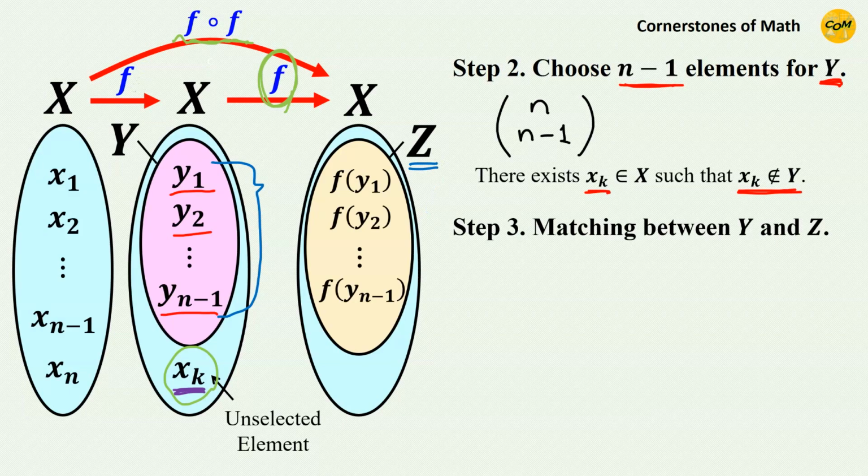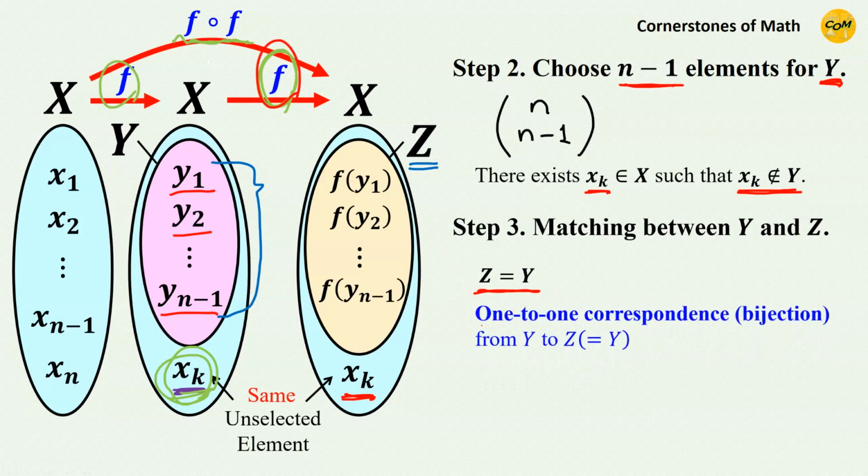Moreover, since we are talking about the same function f that excludes this xk from its value, that very same xk is also excluded from z. This means that set z is the same as set y. Therefore, the second part of the function composition is simply the one-to-one correspondence, or bijection, from y to z, or from y to y. The number of such one-to-one correspondences is n minus 1 factorial.